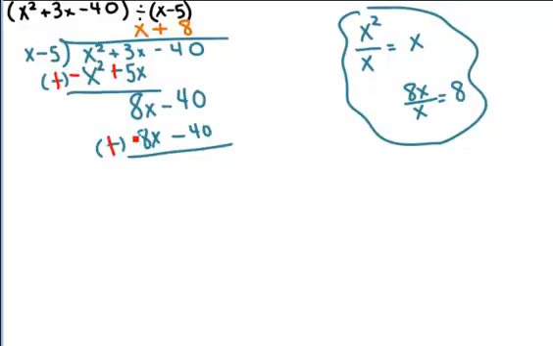Rewriting this addition, taking the opposite of the positive 8x, adding the negative 40, and completing that operation, we notice our remainder is 0. This tells us a couple of things.